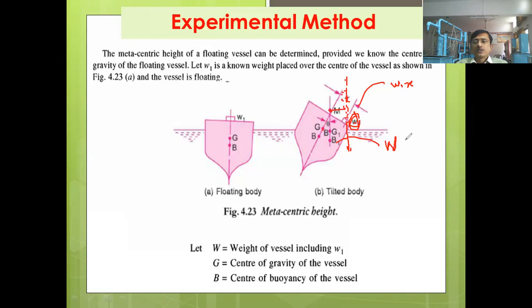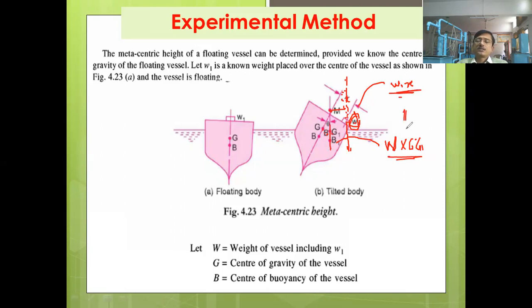This W multiplied by z into z1, it has been shifted from z to z1, right, and it is acting in the downward direction. So the moment caused by the shifting of w1 and the moment caused by the shifting of z to z1 are both equal. How are these two? They are equal.